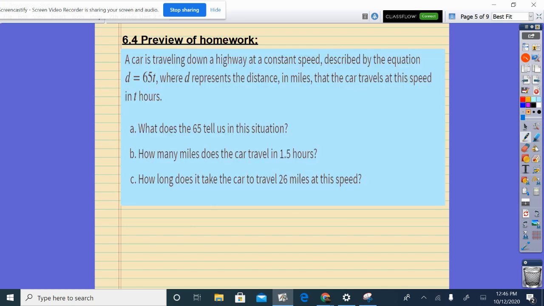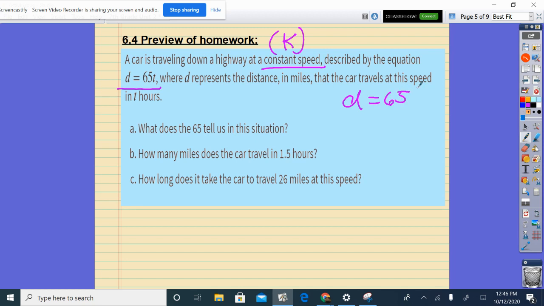As an added bonus today, I'm going to give you a little preview. I'm not going to give you the answers, but I want to talk about how you look at these problems and identify what they are asking you to solve for and what you know. For example, we have a car traveling down the highway at a constant speed, which means that must be k. Now, as described by the equation d equals 65t, well, that looks awfully familiar.